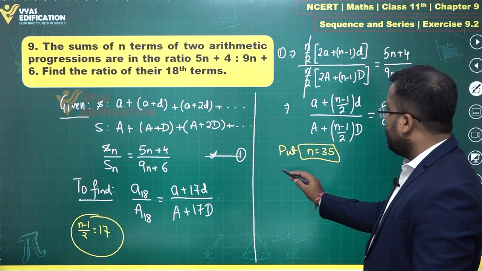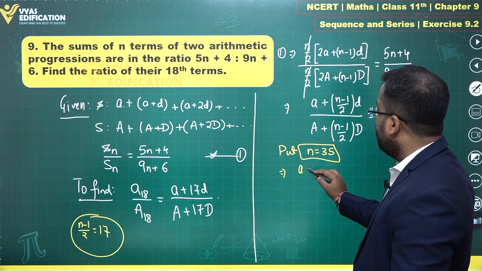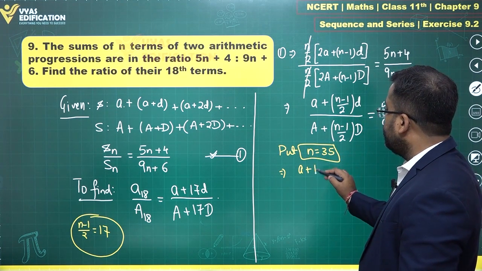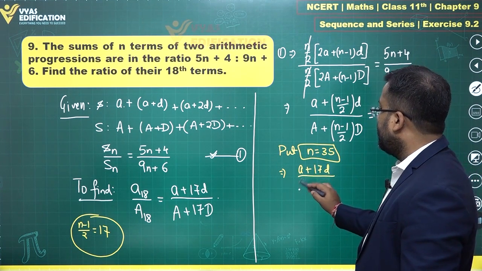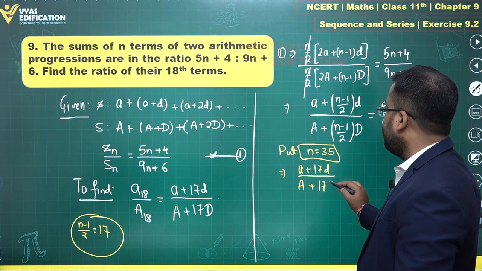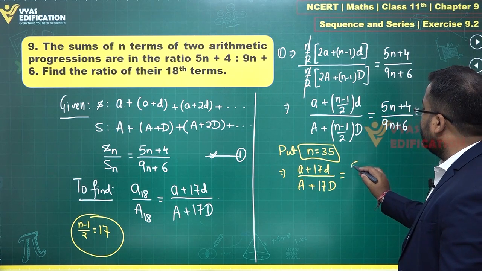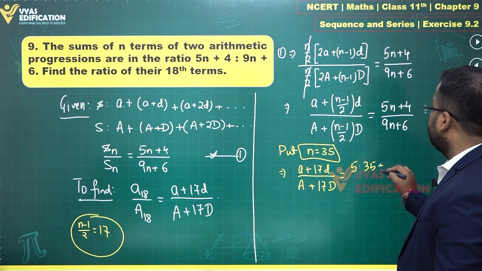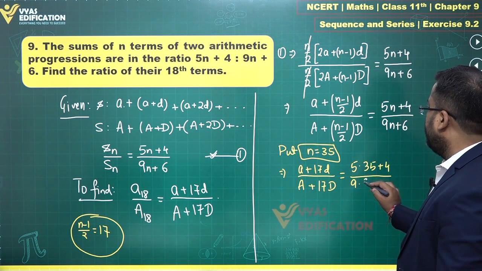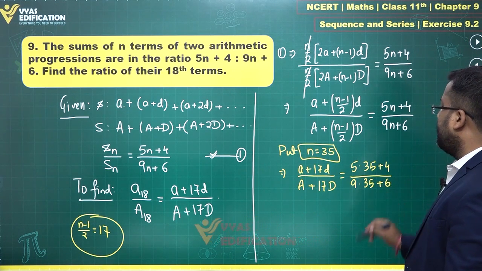So n equals 35 tells me a plus 35 minus 1, 34 by 2, 17 small d, capital A plus 17 times capital D is equal to, on the right hand side, n equals 35, 5 into 35 plus 4, 9 into 35 plus 6 is what you get.